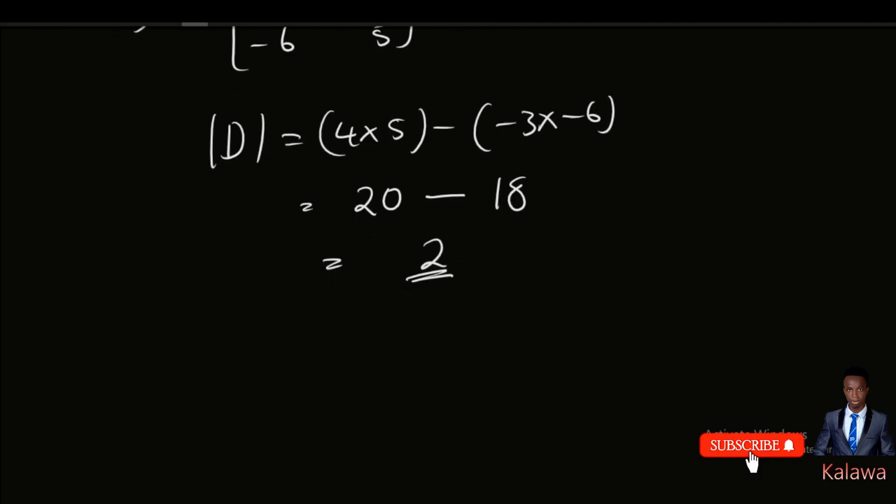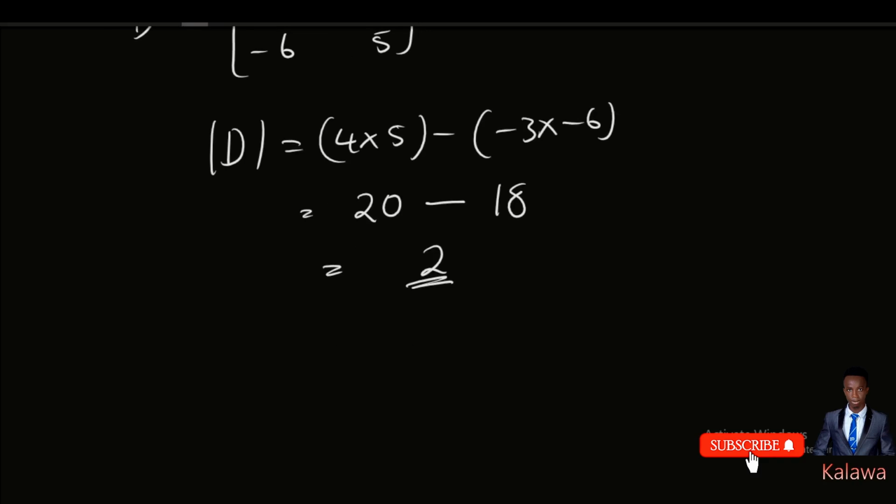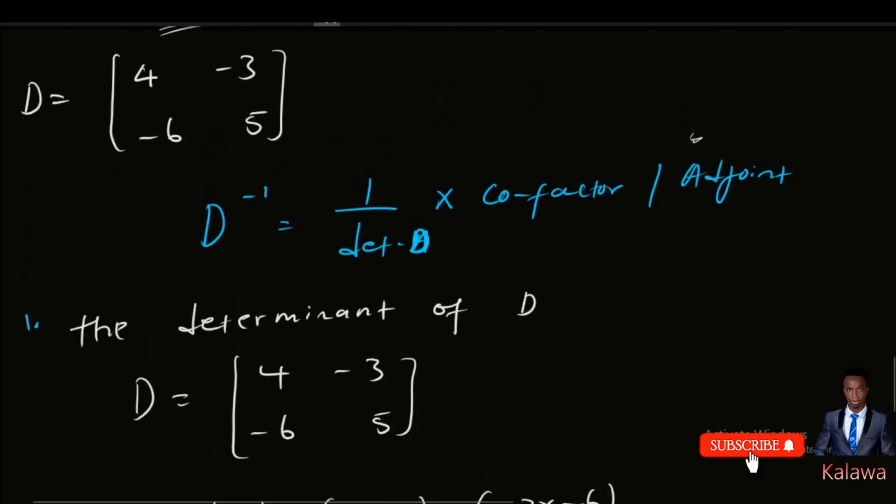So the determinant of D is 2. Hence, remember, from the formula, 1 divided by the determinant of D, and the determinant of D here is 2, so that's why we write 1 divided by 2 here.